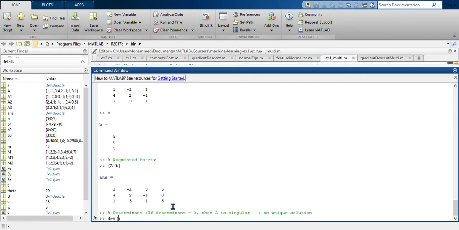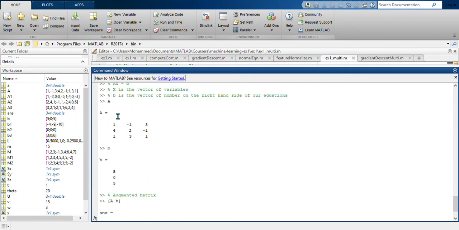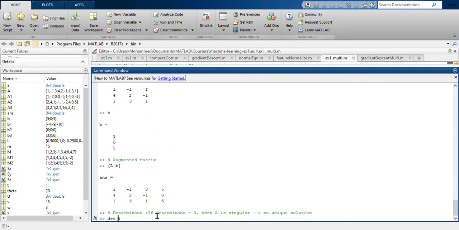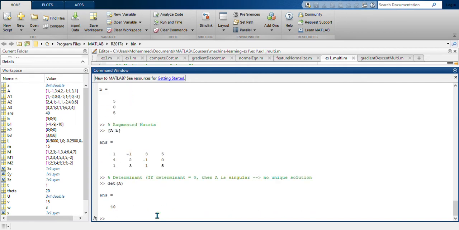Our coefficient matrix is stored in the variable capital A, so we put capital A. That means we are telling MATLAB to compute the determinant of the matrix stored in capital A. When you do that, you get 40, which is exactly the value that we computed when we solved these equations in our earlier lectures.